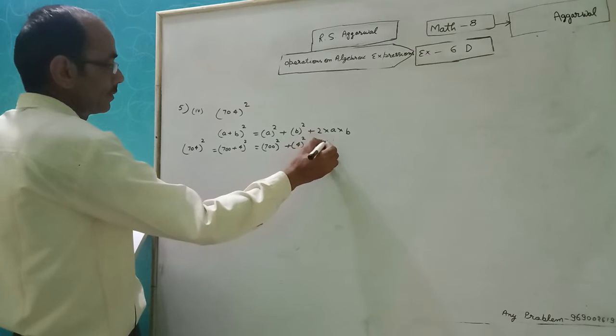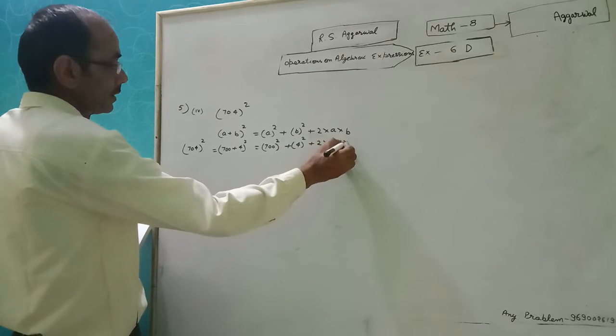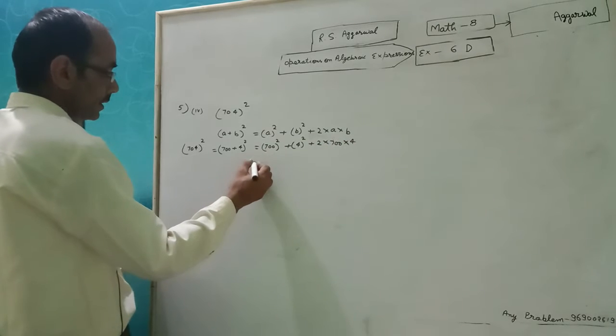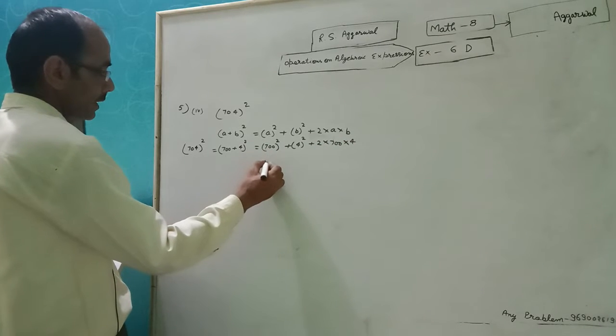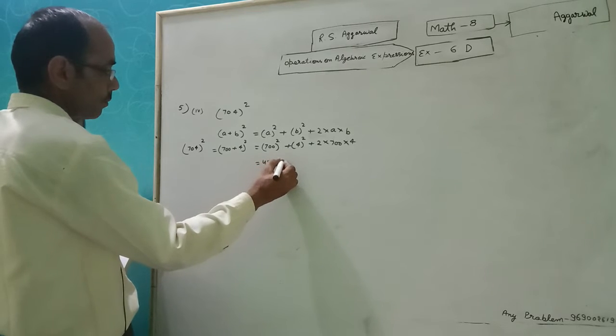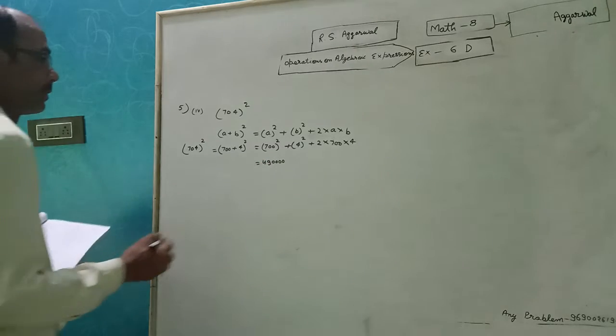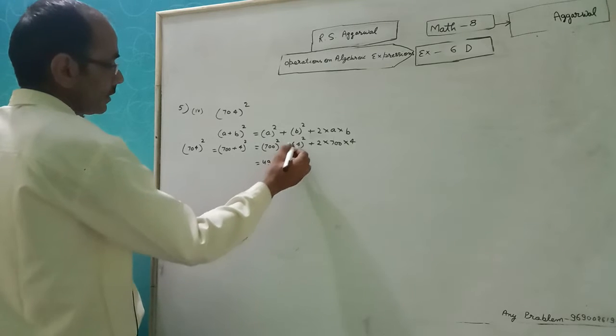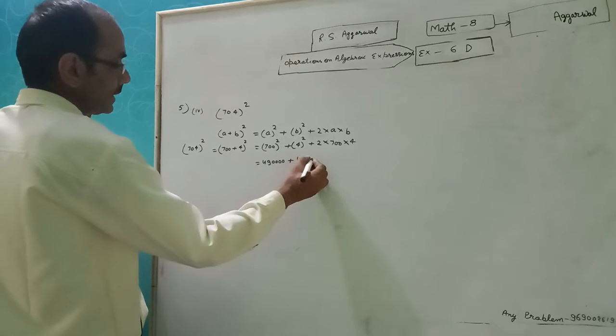Putting the value. 7 square is 49 with 0000, 2 into 700 into 4 is 5600, plus 4 square is 16.